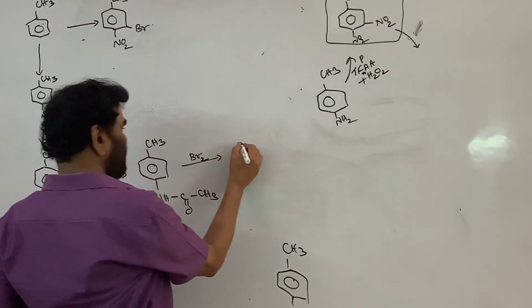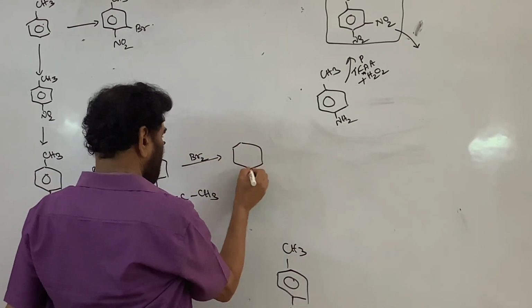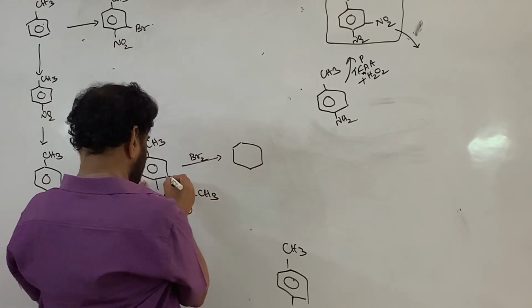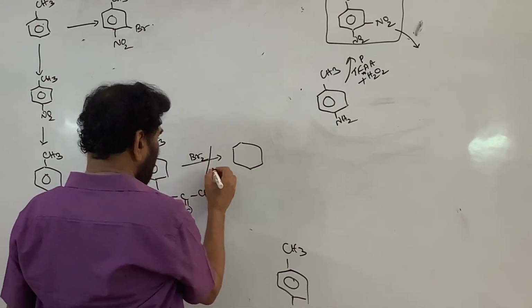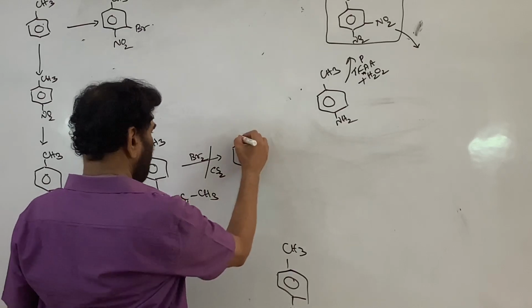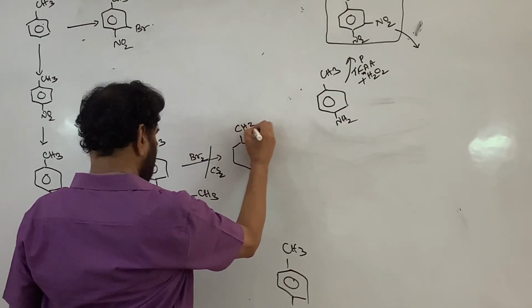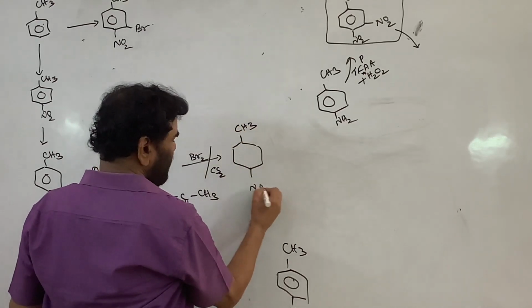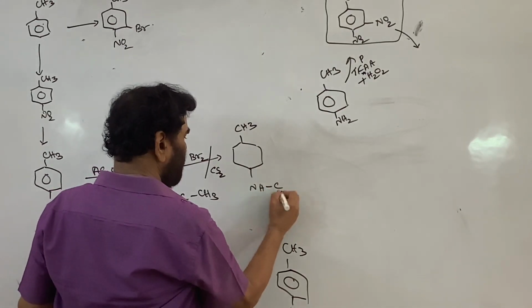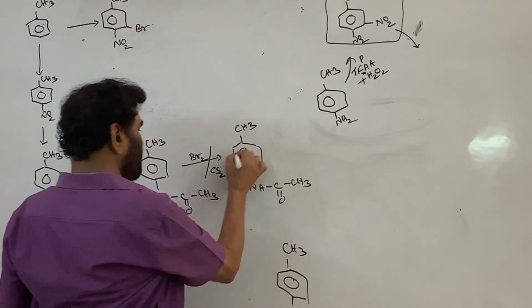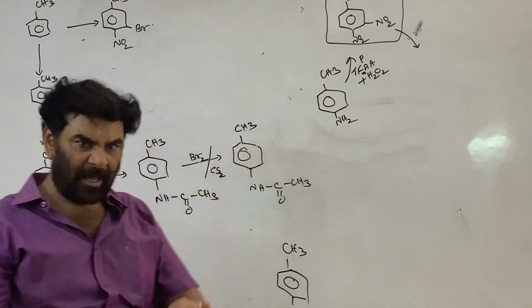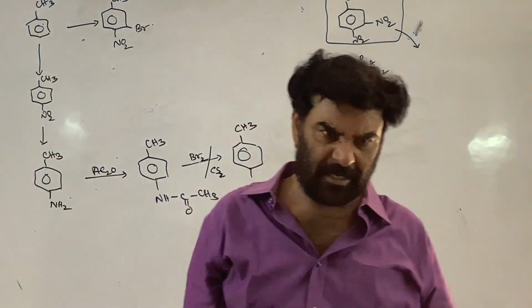Bromine, this is converted. Here bromine in carbon disulfide, a non-polar solvent, only one group is introduced. NHCOCH3. So bromine in the polar solvents, all the ortho-para positions are substituted.